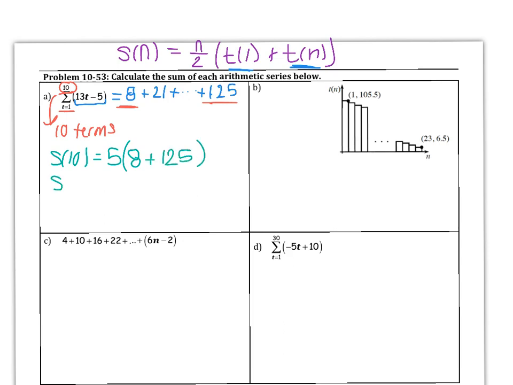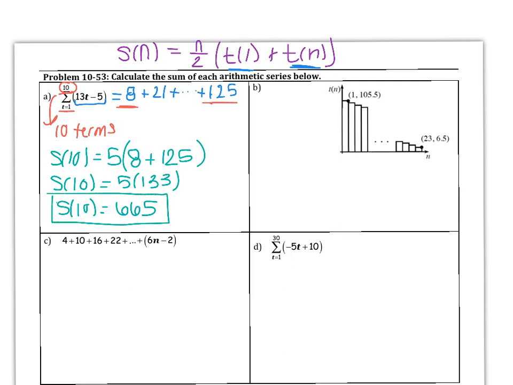So this means S of 10 equals 5 times 133, which is 665. So this is the sum of the first 10 terms of that series.